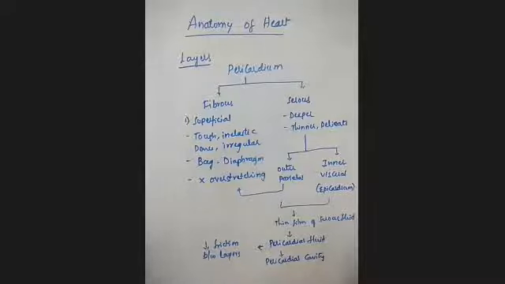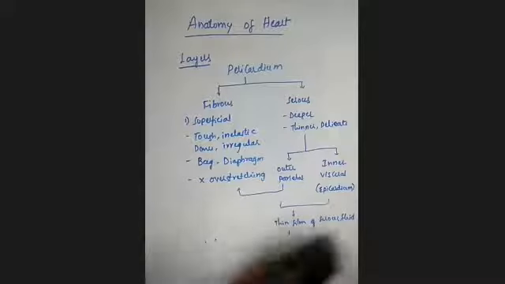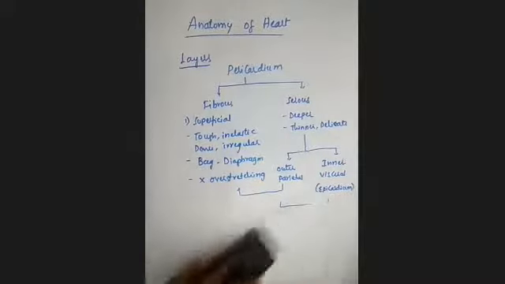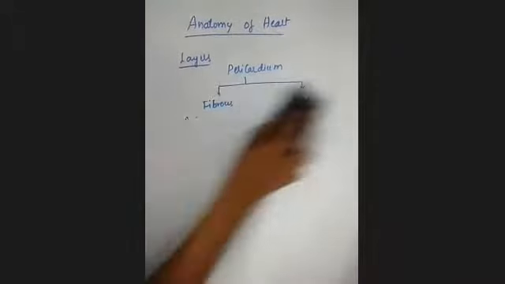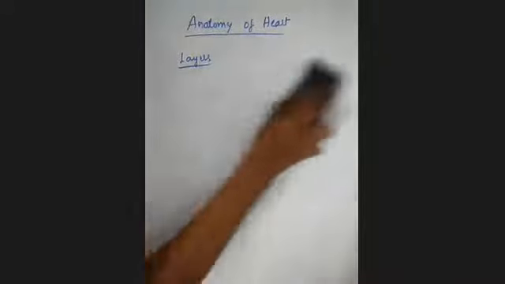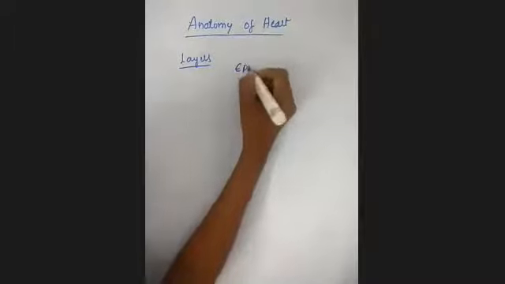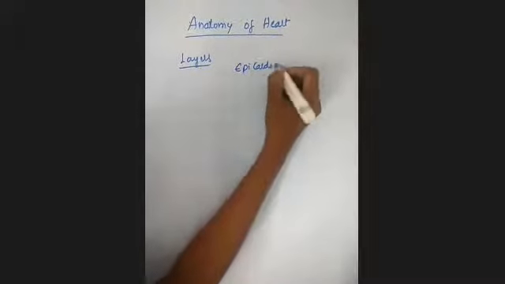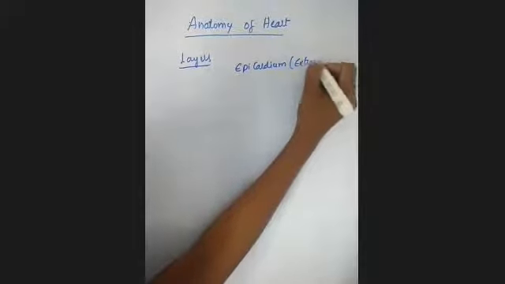Apart from this pericardium, generally the heart walls consist of 3 layers. We'll see what those 3 layers are that the heart walls are composed of. The first one is epicardium, the external layer of the heart.